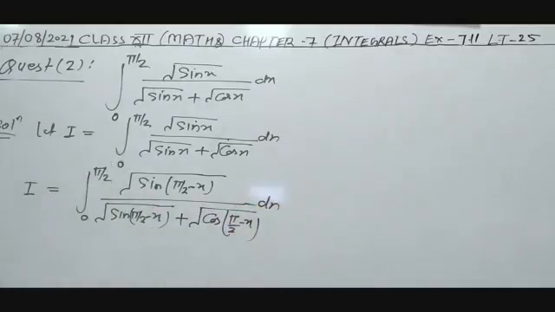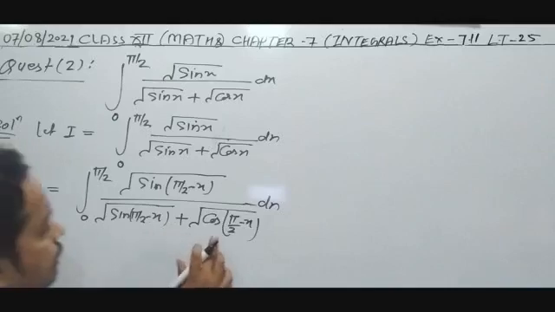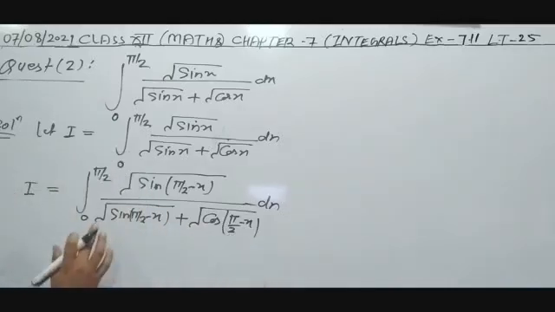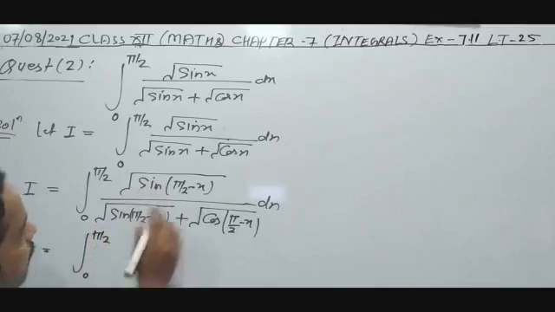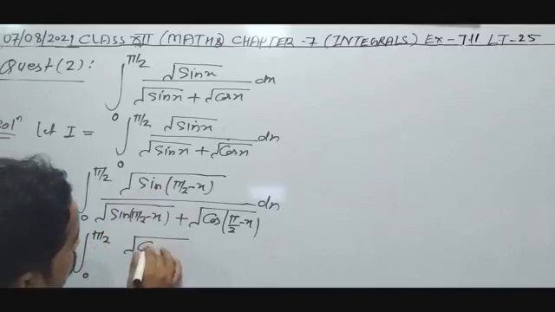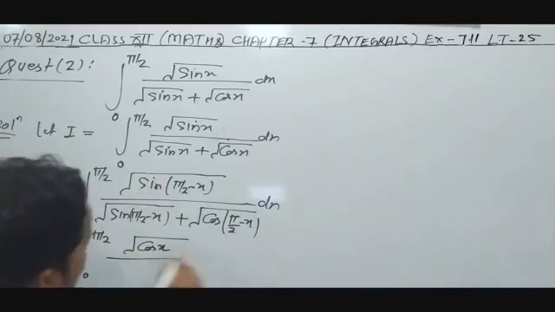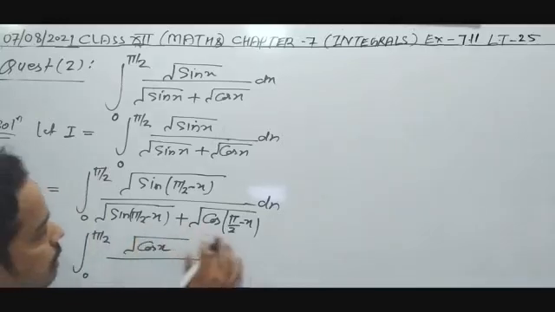And you know sin of 90 minus theta is equal to cos theta, cos of 90 minus theta is equal to sin theta. So what will be the result? The result will be I is equal to integration over 0 to pi by 2 root over cos x whole upon root over cos x plus root over sin x.